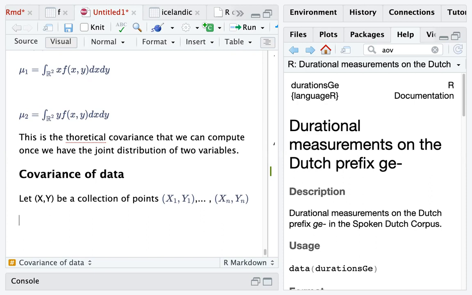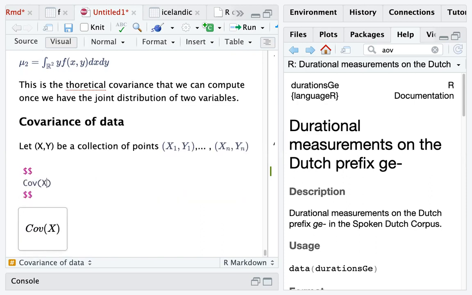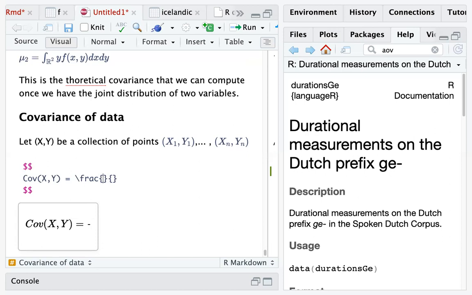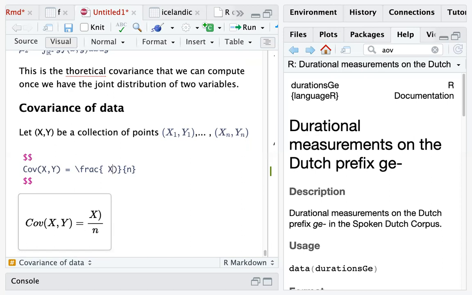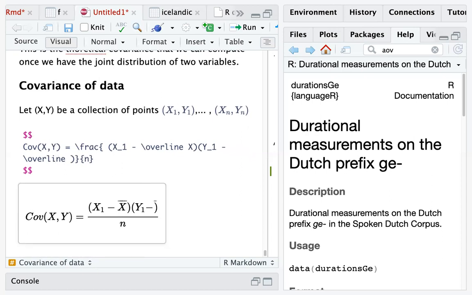We can define the covariance between this set of points in the following way, as the mean of the products: x1 minus x bar, its mean, times y1 minus its mean, and we do this for every point in the sample.